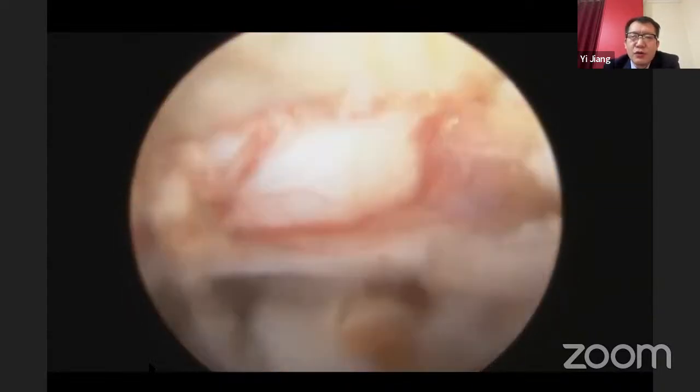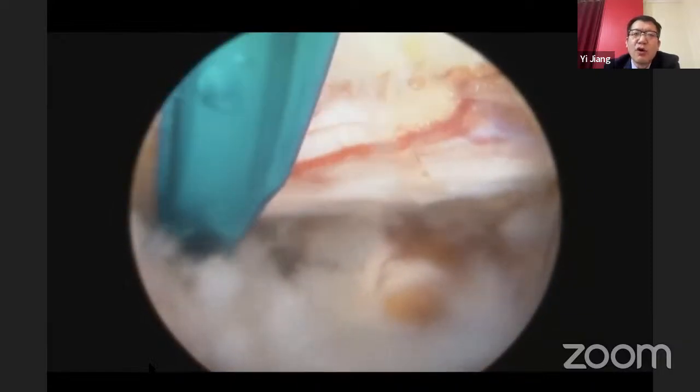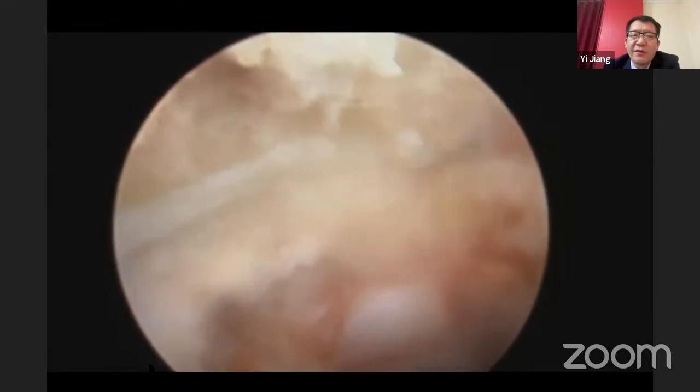So we must do more foraminoplasty. We can do more and more bone work for the decompression.